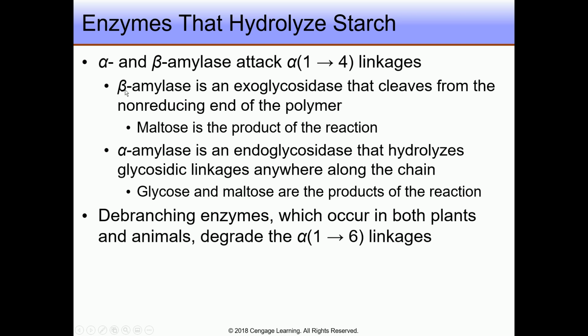Beta amylase is an exoglycosidase, which means it can break the glycosidic bonds between glucose molecules from the end of the polymer. And alpha amylase is an endoglycosidase, which means it can hydrolyze the glycosidic linkages anywhere along the chain. There are some other enzymes also, called debranching enzymes, and they can break the alpha 1 to 6 linkages.